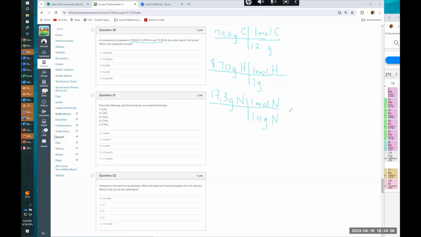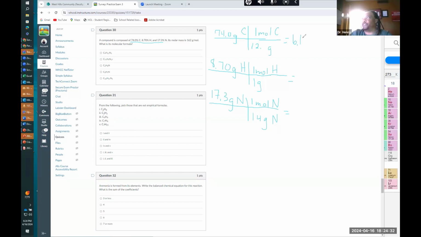4.0 divided by 12 is 6.2 grams. No, 2 moles of carbon. Wait, hold on.